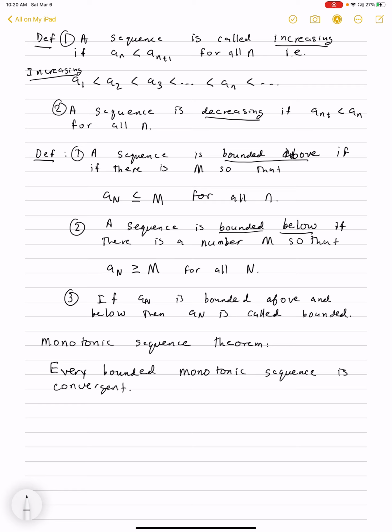And we are going to use this fact a lot. Now let me go over this with the example that I used earlier. By the way, monotonic means strictly increasing or strictly decreasing sequence, one or the other.